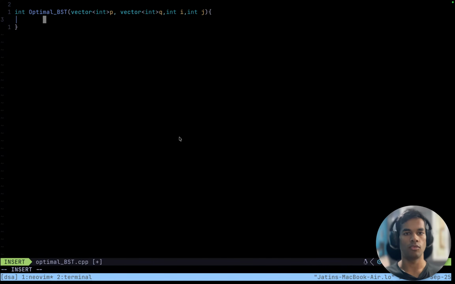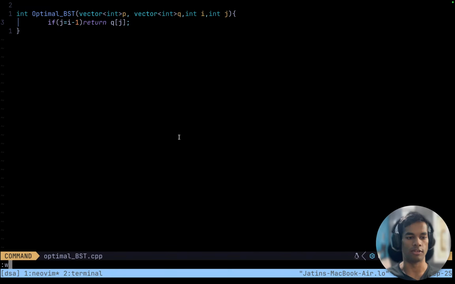Our base case would be if j equals i minus 1, then we are at a dummy node, and the expected value for this would be qj.